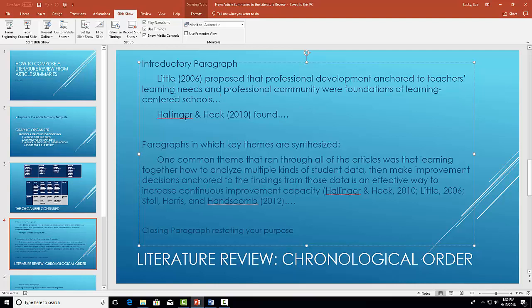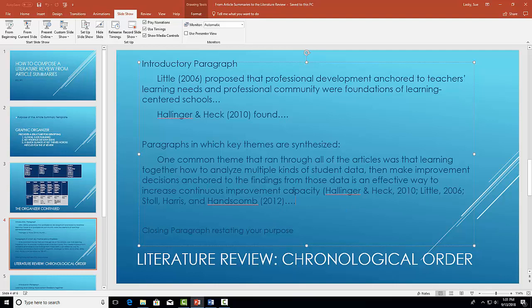When using this chronologically ordered structure, after you've provided summaries of the key findings from each of your articles, you close with 2 paragraphs in which you synthesize the key themes across your articles.